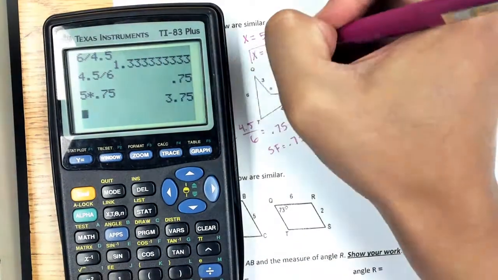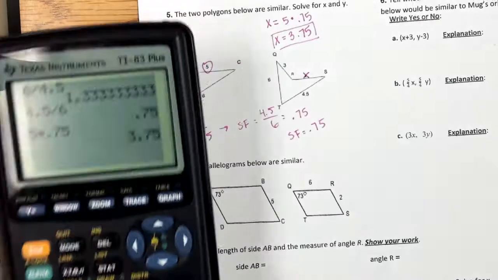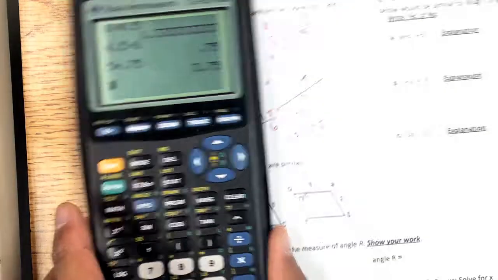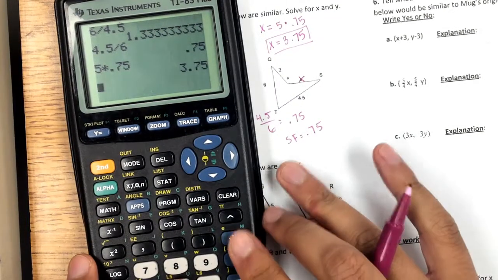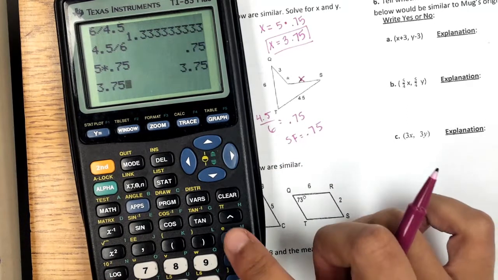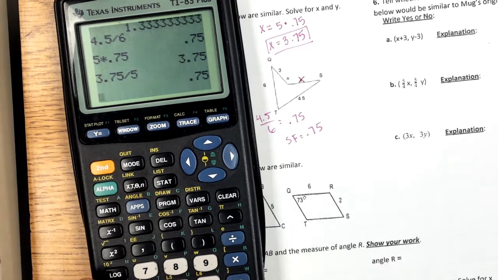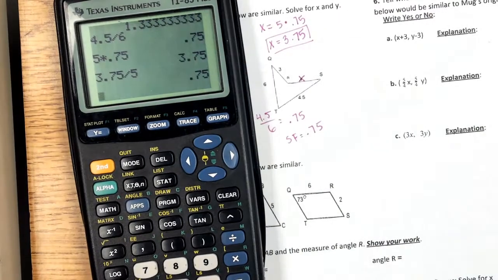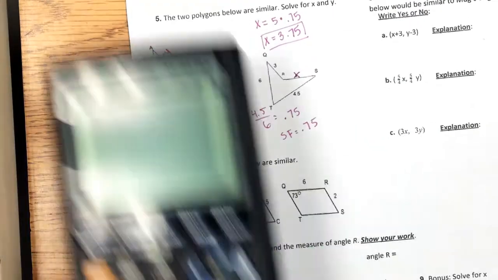And that is what x equals. To check your work really quick, let's do 3.75 divided by 5. Does it equal 0.75? Yes, it does. Okay. We're not done yet.